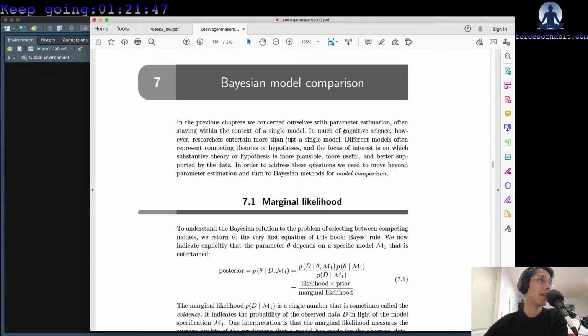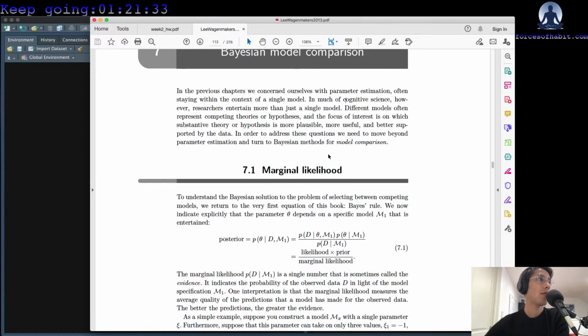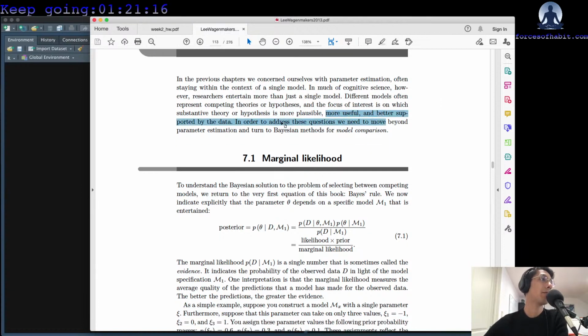But now, broadly in cognitive sciences, we want to know more than a single model, and in fact, we want to compare models, because different models can represent different things. There might be one theory that says one thing and another theory that says another, both of which can address a research question of interest, though it's not clear which one is more useful or better representative of what we observe in the real world.